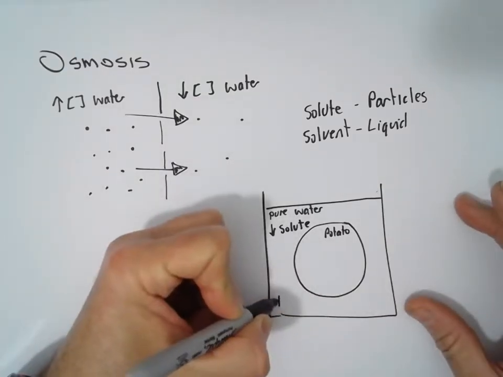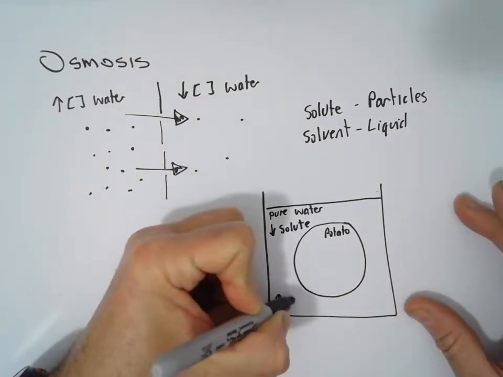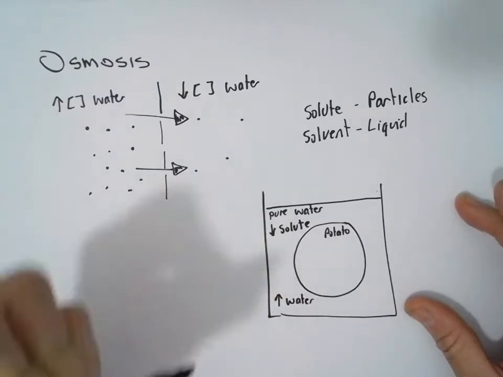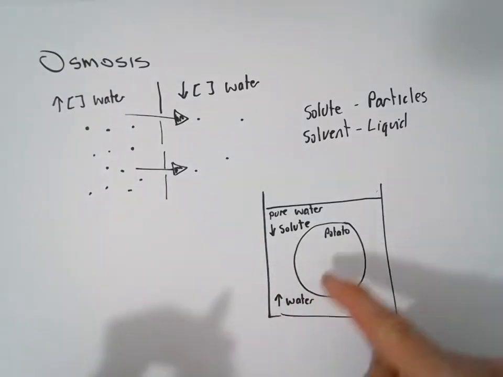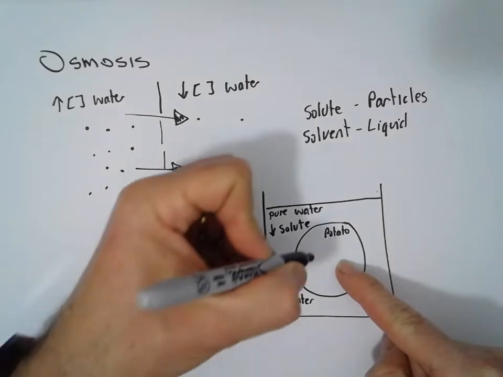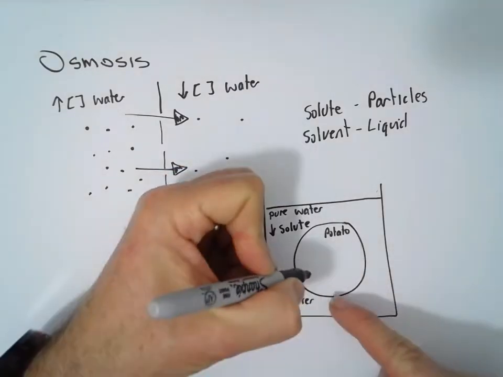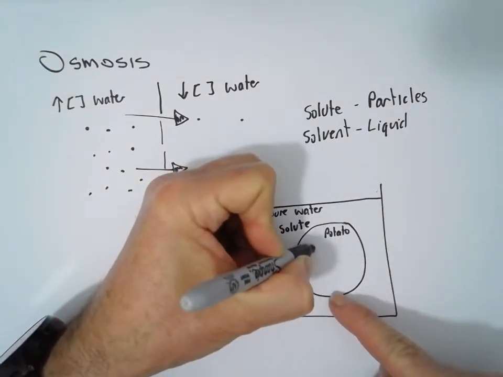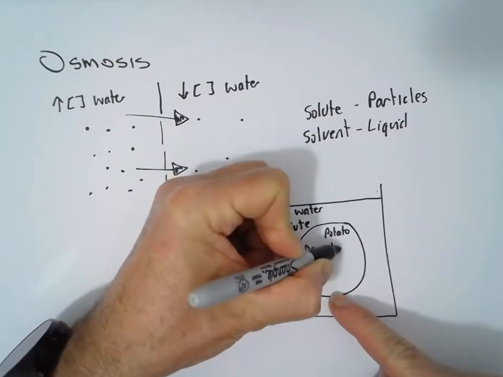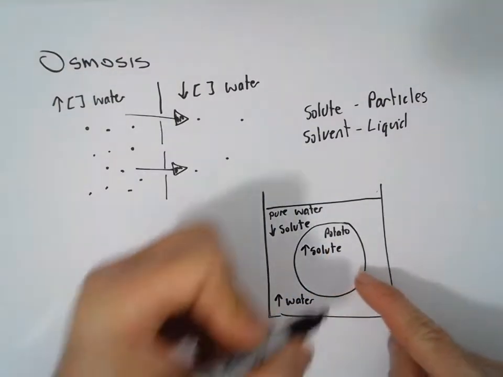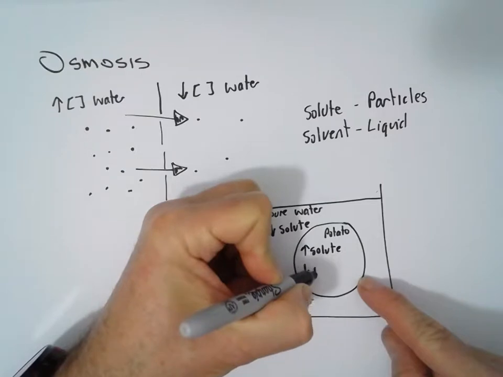So it's got a high concentration of water. We always compare one to the other. So the potato, compared with outside, has got high solute because it's got sugar and it's got salt in it, etc. And it's got low water.